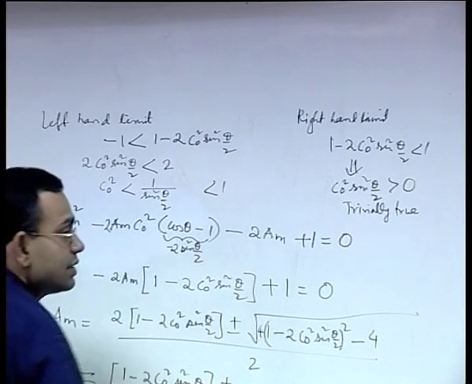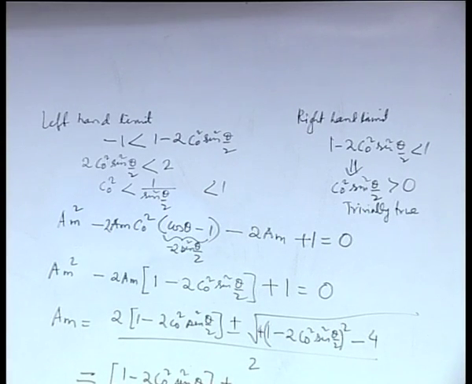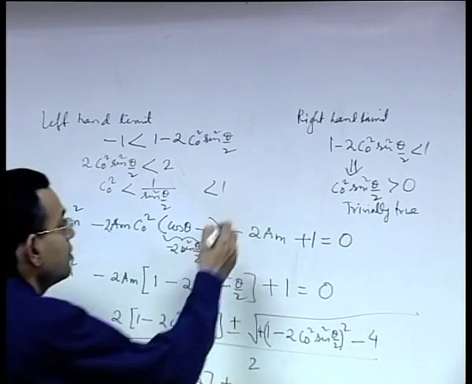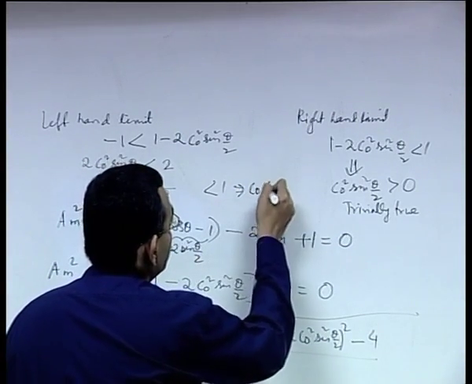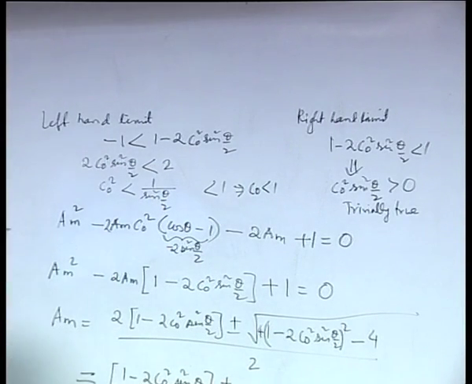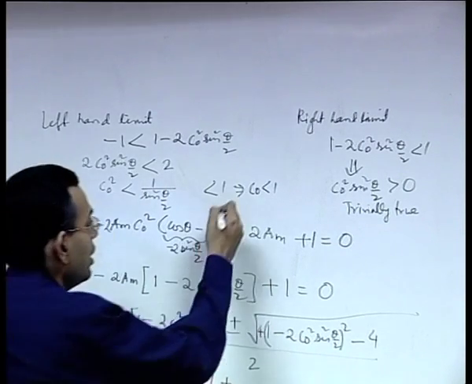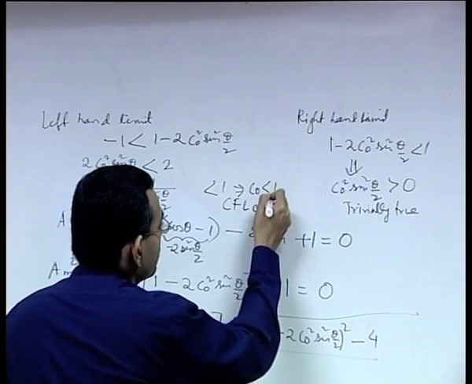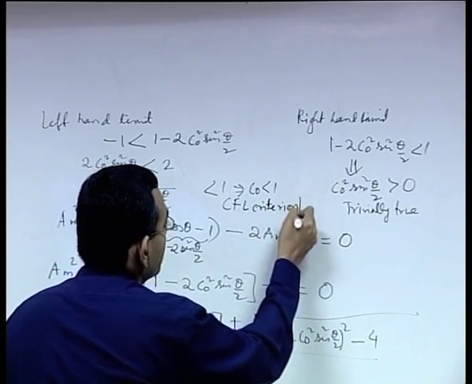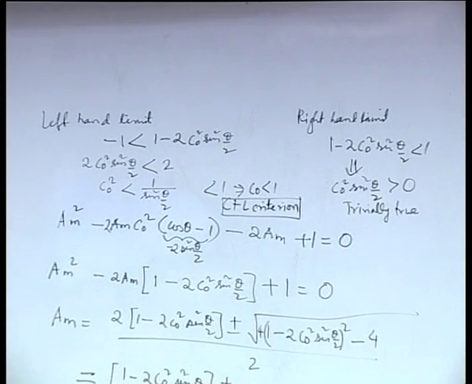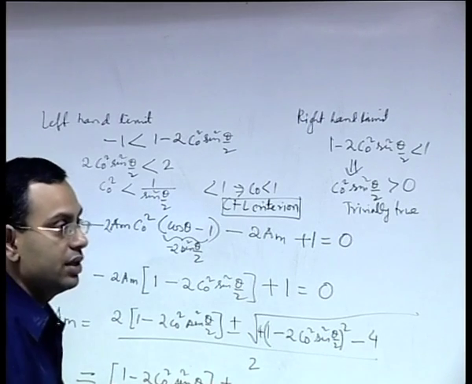So, it should be less than 1 for a conservative estimate. So, that means c naught should be less than 1. Remember, c naught is positive. So, what we can see here is that we get back the CFL criterion, the Courant-Friedrichs-Lewy criterion for stability for the CTCS scheme for the second order hyperbolic equation.